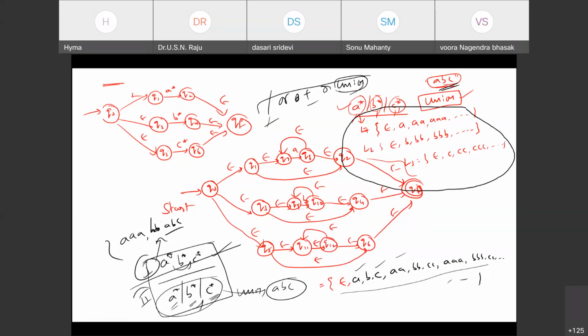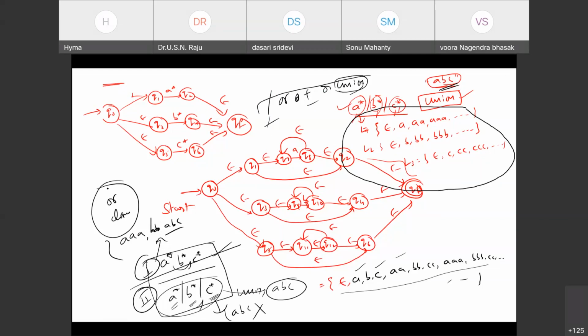Yes, sir. What about ABC in the second language? Not accepted. It is not part of this. So be clear with concatenation, then OR, then closure. Only these are the three operators that can be used as part of a regular expression.